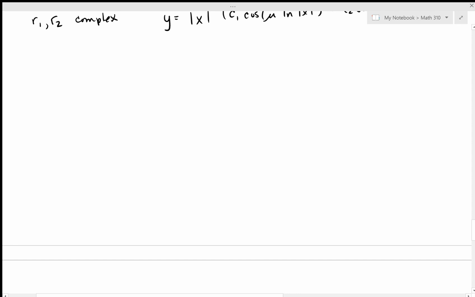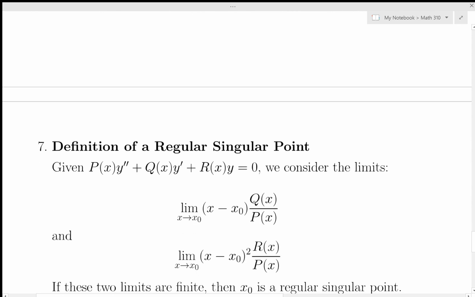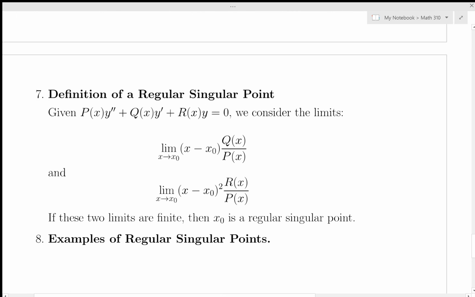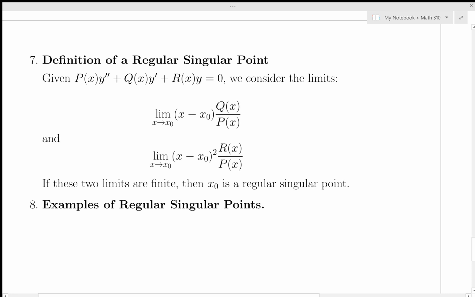Okay, as promised, as you've no doubt been waiting for, here we are going to get a much more rigorous definition of what is a singular point. And so we're going to do that by looking at some limits. We take the limit as x approaches x naught, where x naught is the value that makes p of x equal 0. So p of x naught is equal to 0.